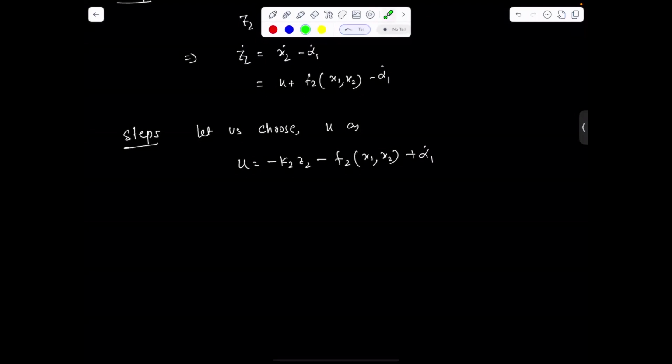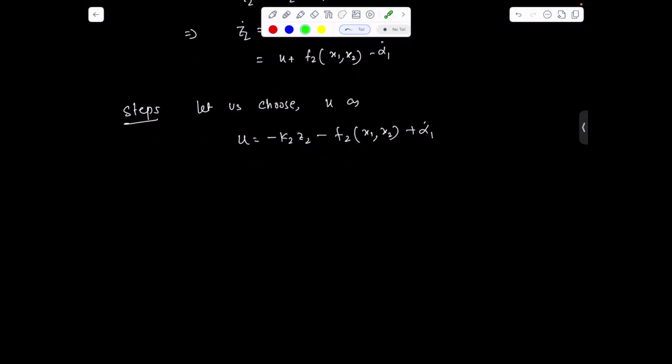If you notice here, in place of U, if you substitute this expression, we'll get Z2 dot equal to this part. So it is also stable dynamics, because K2 is a positive control gain parameter, K2 greater than 0.